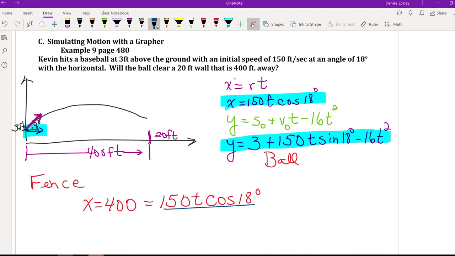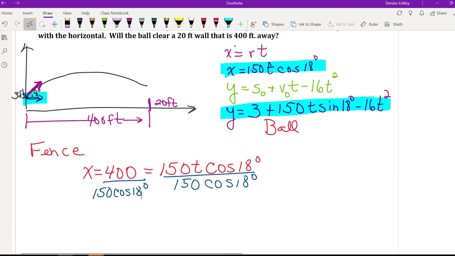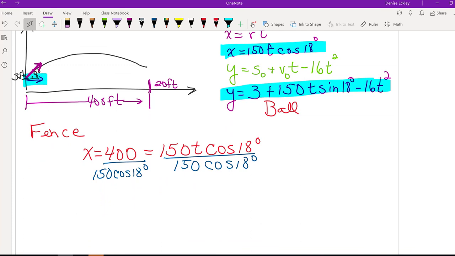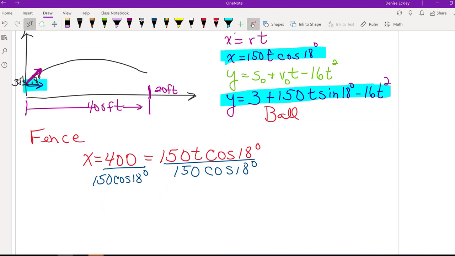So we're going to divide both sides by 150 times the cosine of 18 degrees. And when we do that, we get that t equals 2.8 seconds. Okay, so we know that's how long it's going to take the ball to get there.